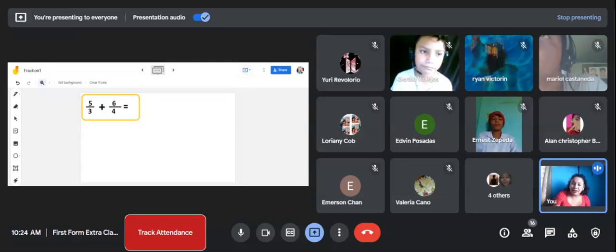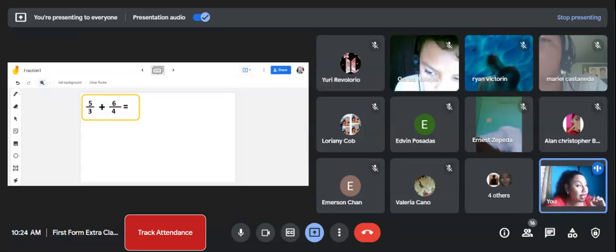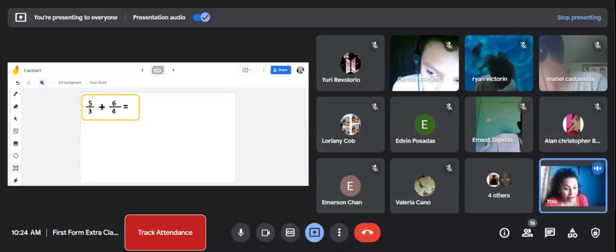Sometimes the LCM is going to be very easy to find. If you already know what the LCM is, then you can just go ahead and write it. But we have to be careful that we are using the LCM. We don't want to be using another number that is not the LCM.